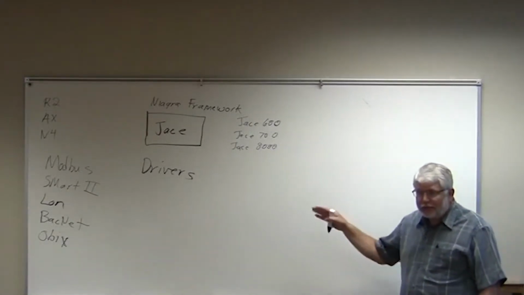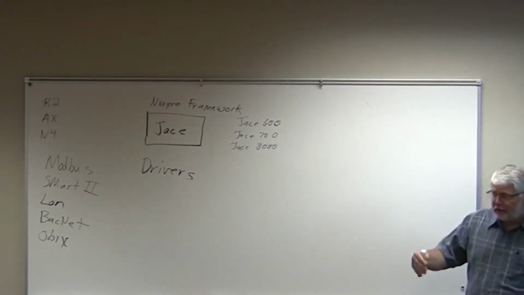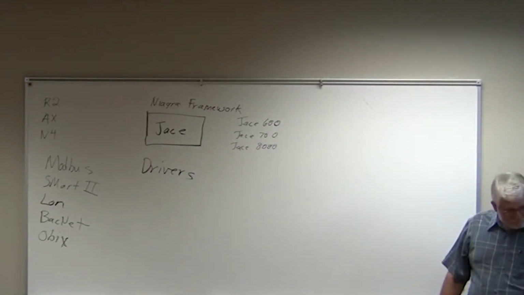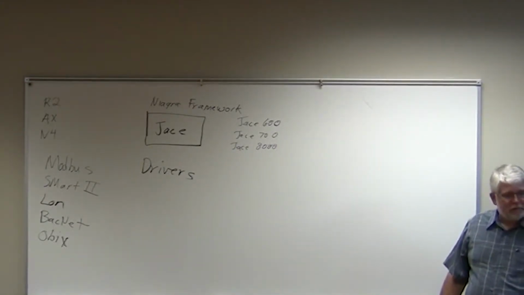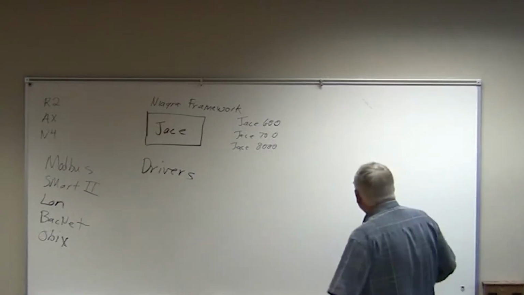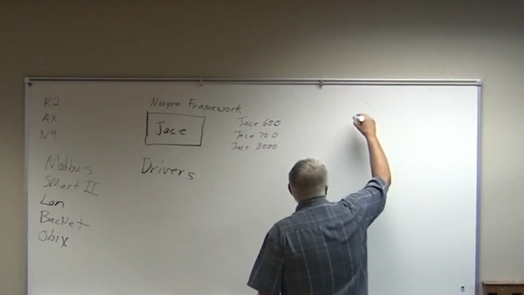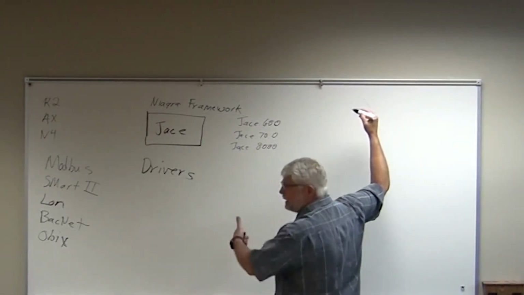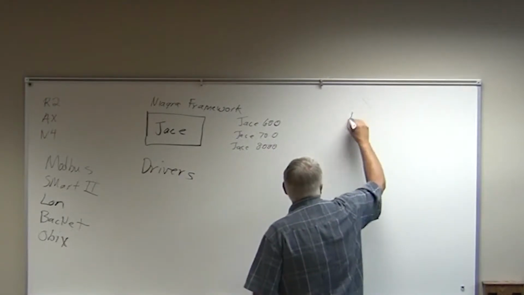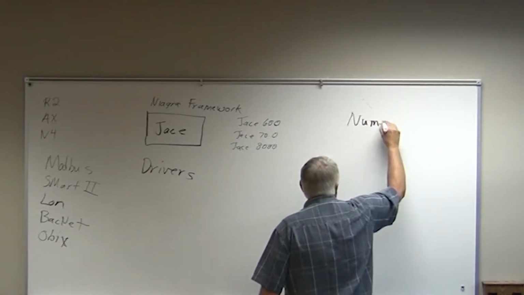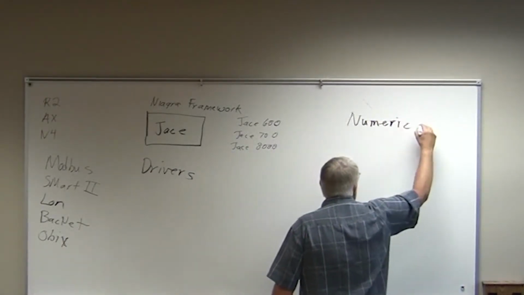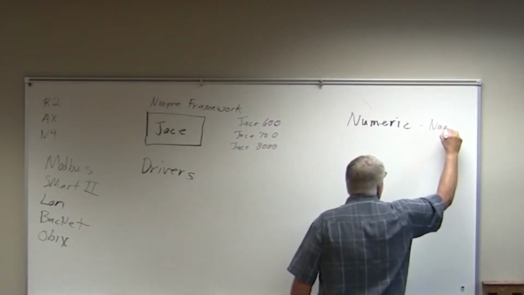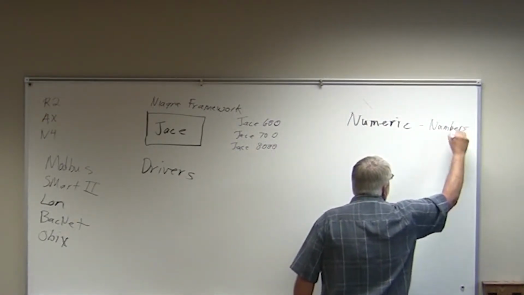So BACnet is a driver. I want to go farther down. You thought binary, so like a binary point. So analog. The name in Niagara framework is a numeric, right? So these are numbers. A string?